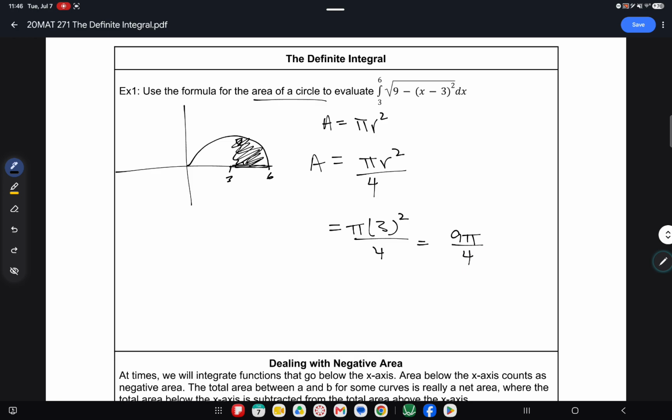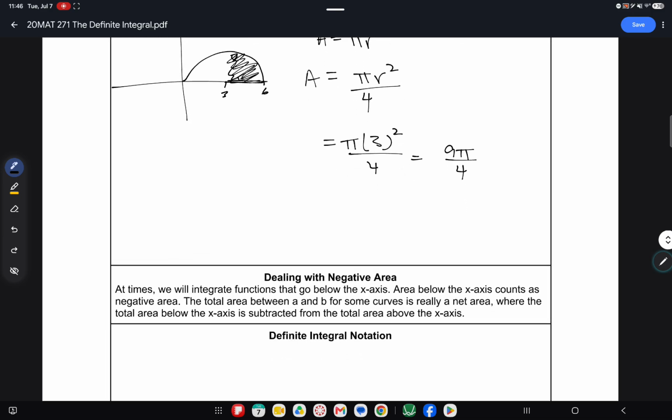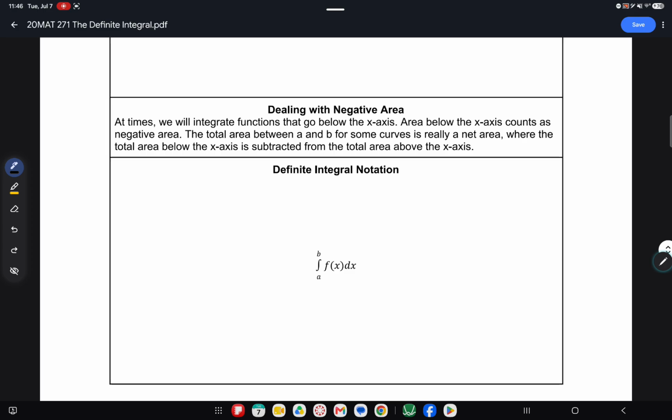And then that is it for that. Didn't have to use any kind of integration rules just yet. But again, not every function is going to have a nice geometric shape that we know the area of, right? So sometimes we can use geometry, sometimes we can't.